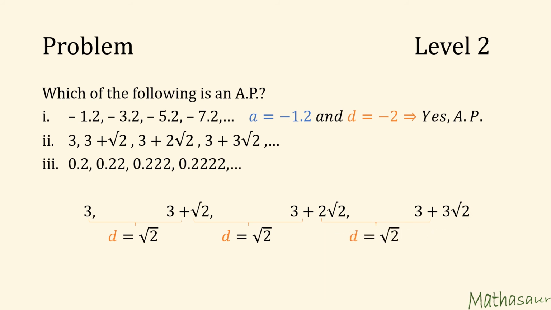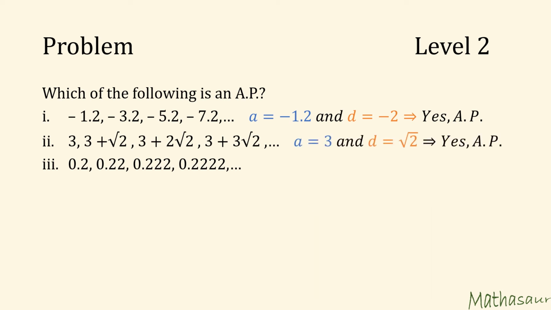So we see that there is a consistent common difference. So here we can identify the first term small a as 3 and small d or common difference as square root of 2. So yes, the given pattern is an arithmetic progression. Let us look at the third pattern. Let us look at the difference between the first and second term.